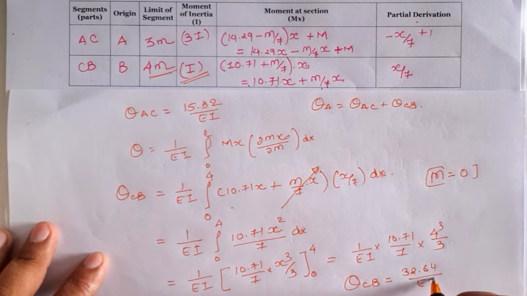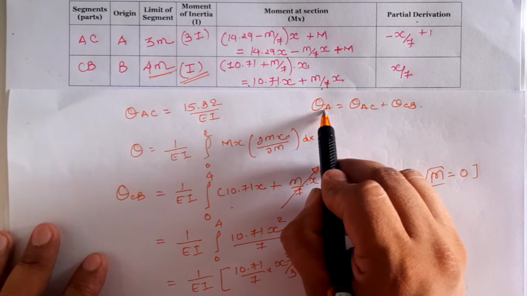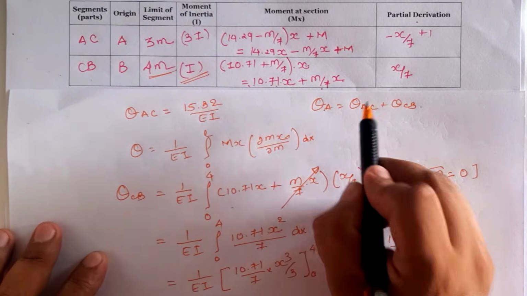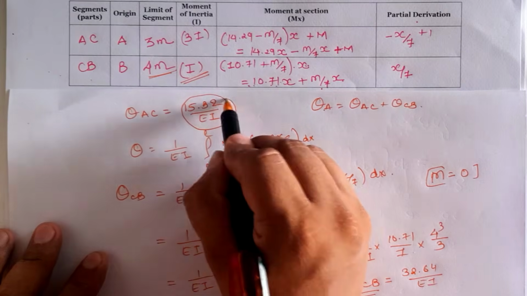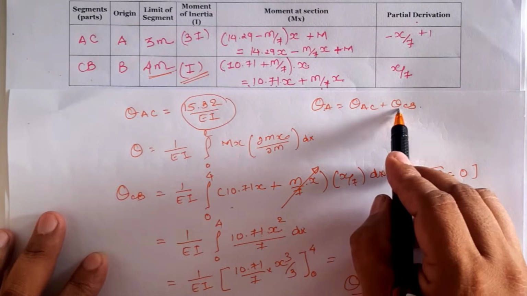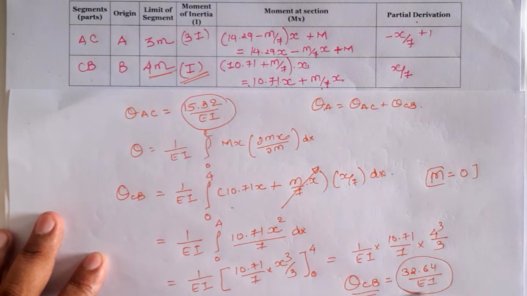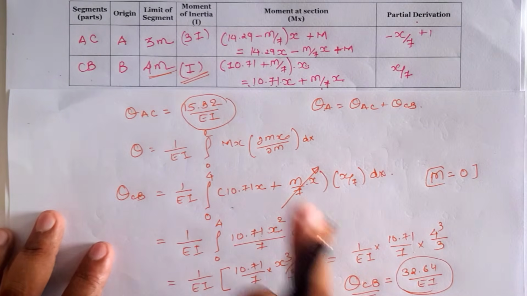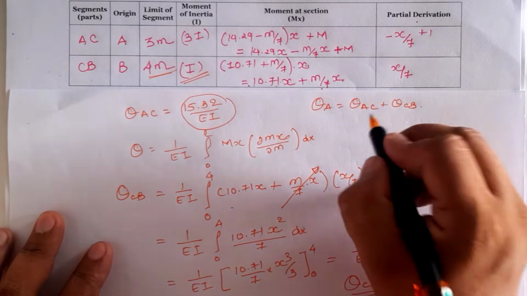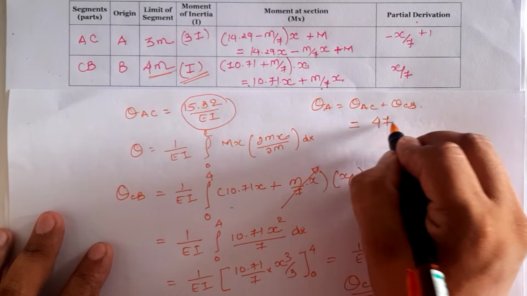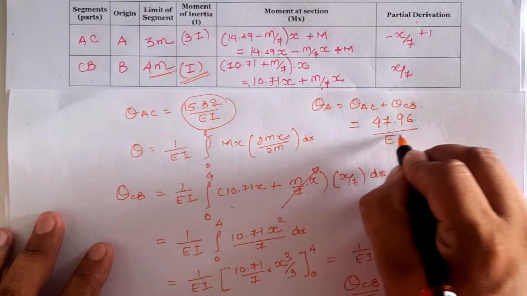32.64 by EI as theta CB. Our total slope at A is the summation of theta AC, which is 15.32, and theta CB, which is 32.64, hence 15.32 plus 32.64 equals 47.96 by EI.